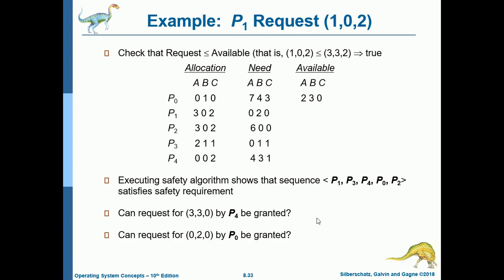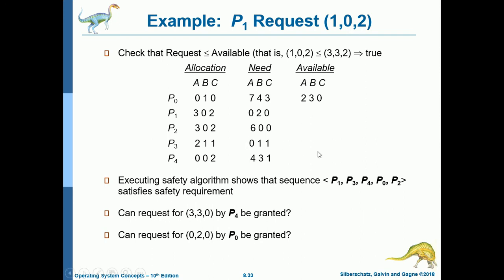What if P sub 1 requests additional resources: one resource of type A, none from B, and 2 instances of resource C?